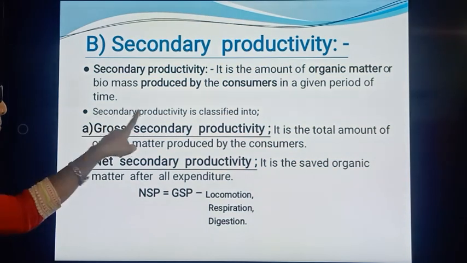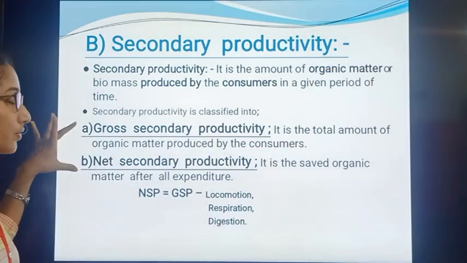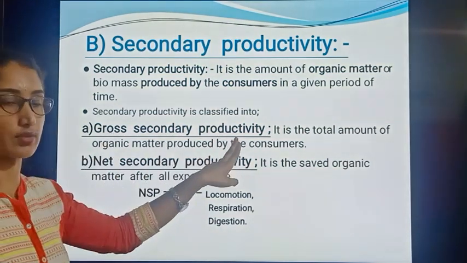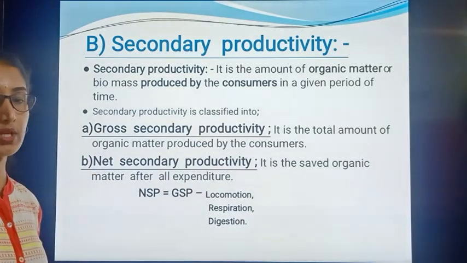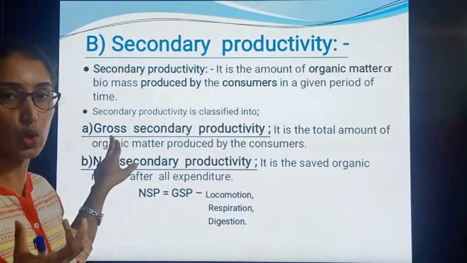The secondary productivity is further classified into two types: gross secondary productivity and net secondary productivity. The word gross stands for nothing but total.